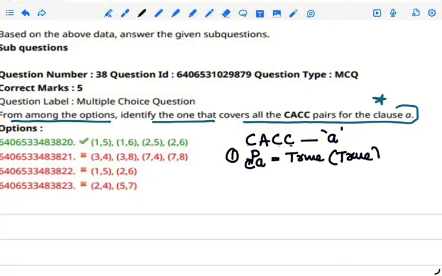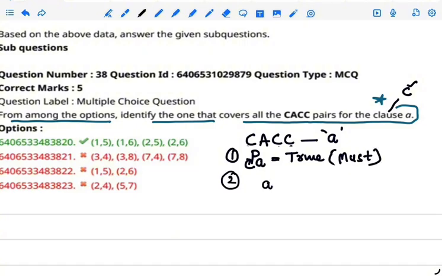If they are asking in the question about PC, for example if the clause C is mentioned, then PC must be true, that is the clause C determines the predicate P. But not this one, so PA must be true.